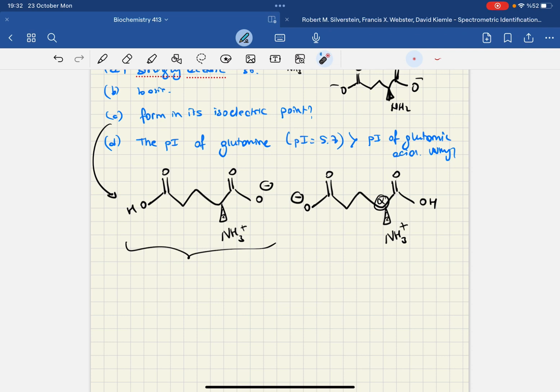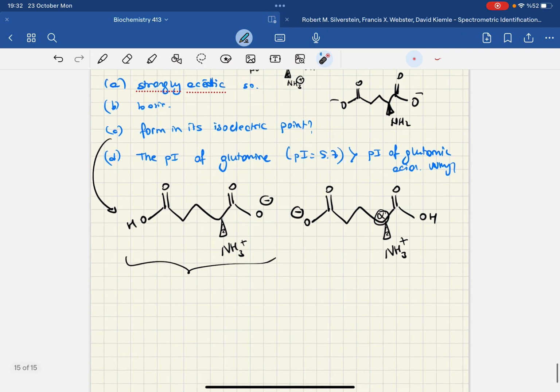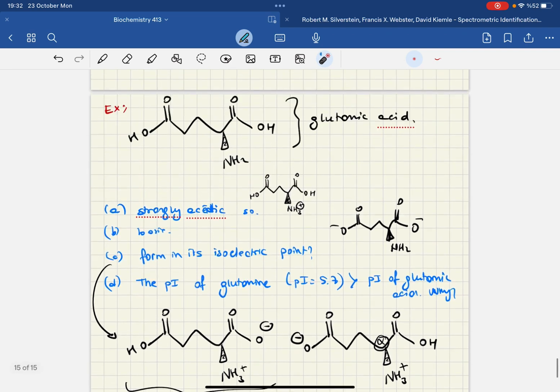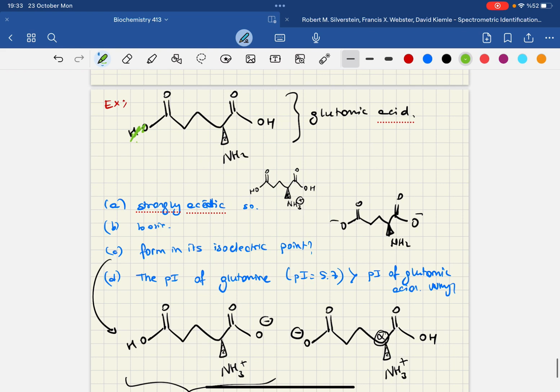And now we are asked why the pI of glutamine is higher than glutamic acid's pI. It's because, now let me show you glutamine. Glutamine is very similar to glutamic acid. However, at the end of the side chain, instead of being a carboxylic acid, we will just have an amine group, and this makes it glutamine.